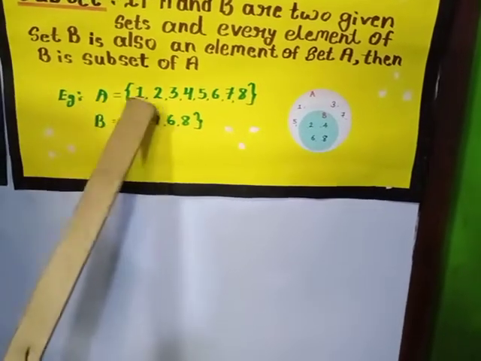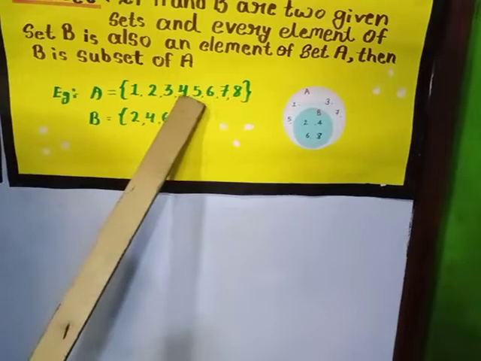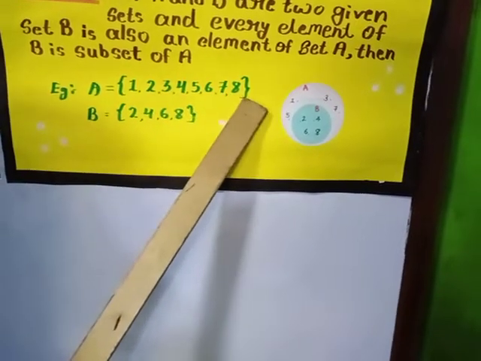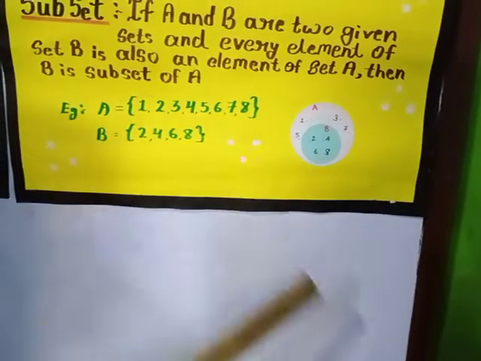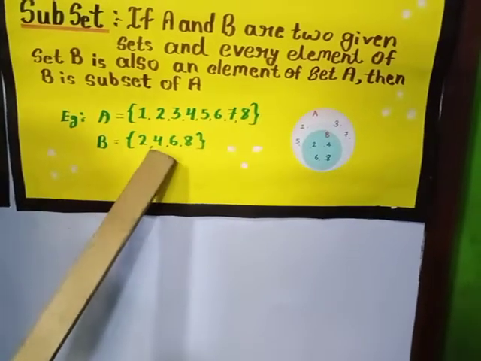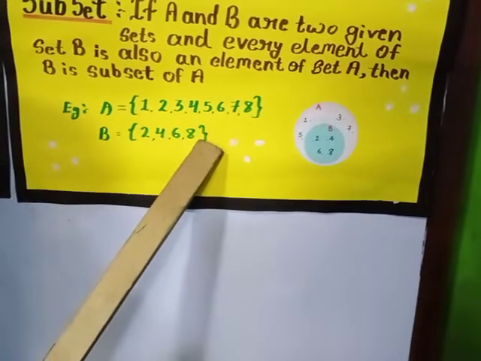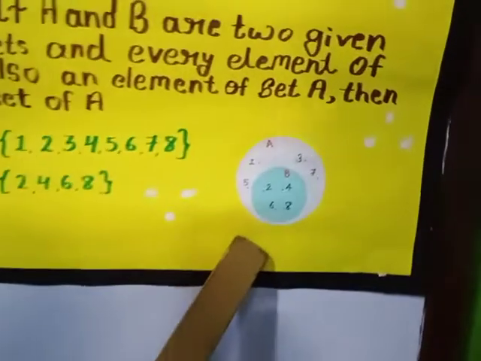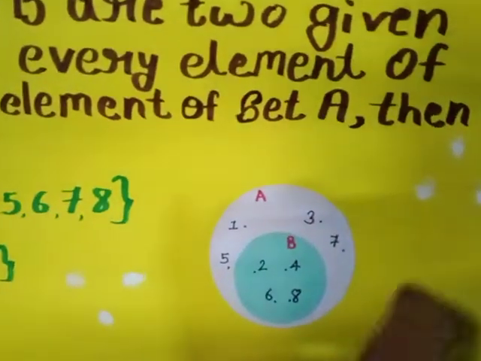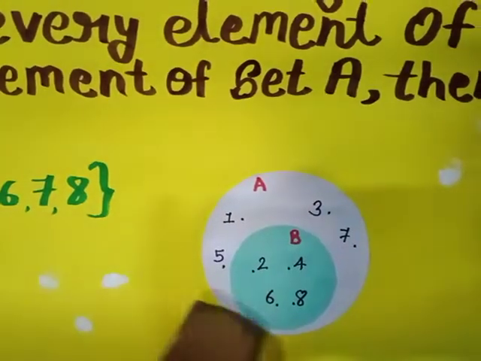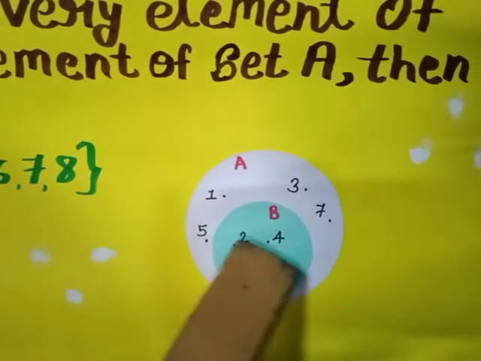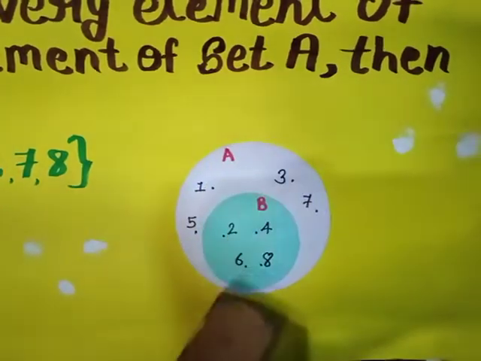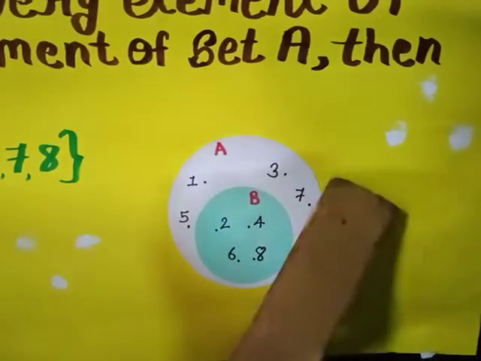Example: A is given as 1, 2, 3, 4, 5, 6, 7, 8. These are the elements of set A. We have set B also: 2, 4, 6, 8. These are the elements of set B. Just try to understand by the Venn diagram. This white circle is set A. In that, just forget about this blue one: 1, 2, 3, 4, 5, 6, 7, 8.